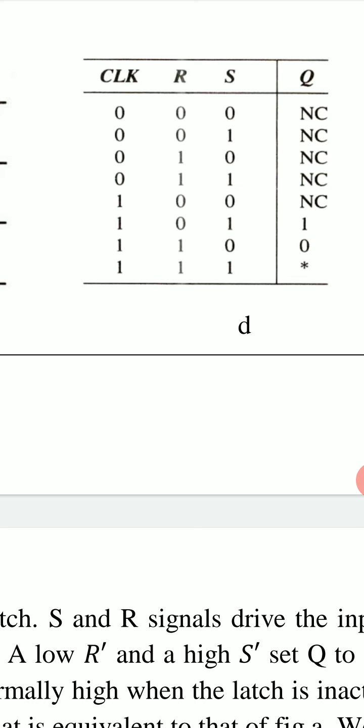So here the race condition is that clock and R and S, all these signals, if all these three signals are 1, then we have a race condition, and whatever output we can get. So we have to avoid this race condition.